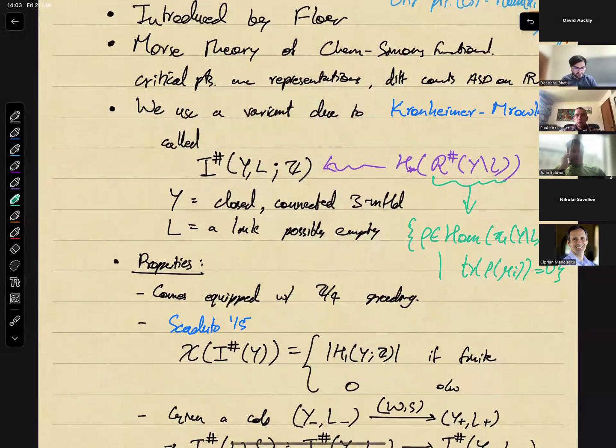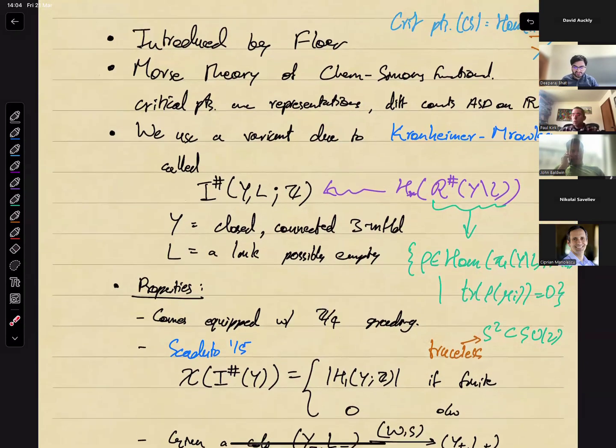Remember that there's an S2 sitting inside SU2, which corresponds to traceless elements. And this is the character variety of interest for us. Note that we're not modding out by conjugation here.